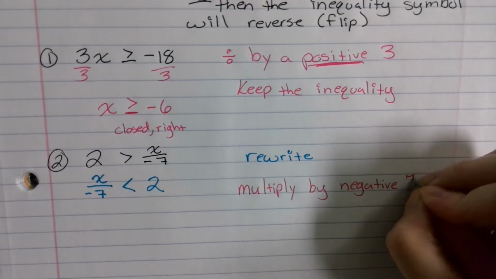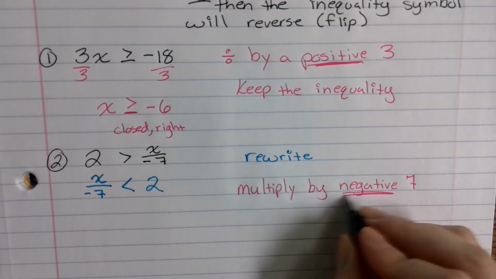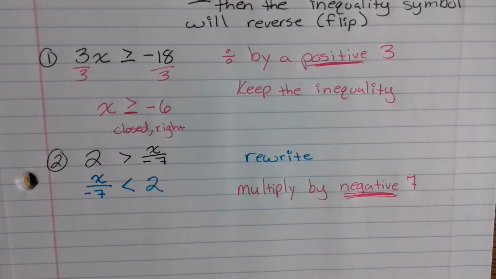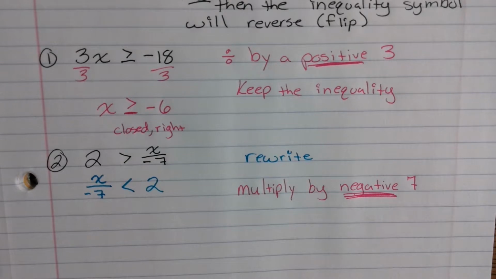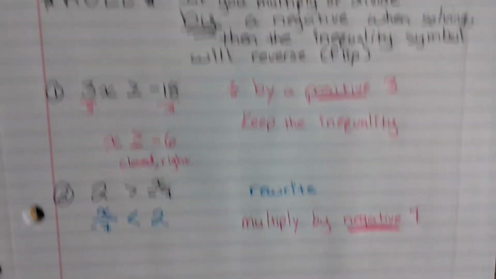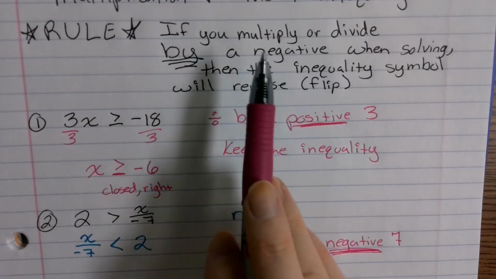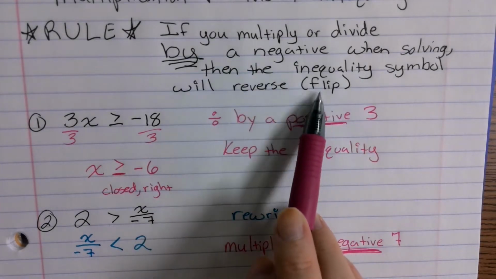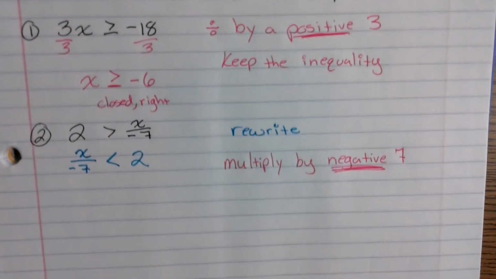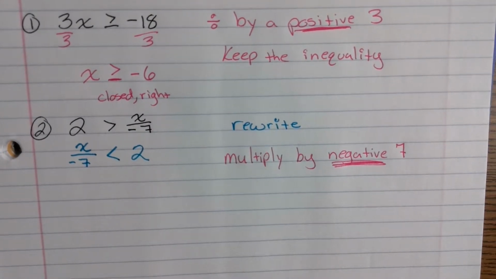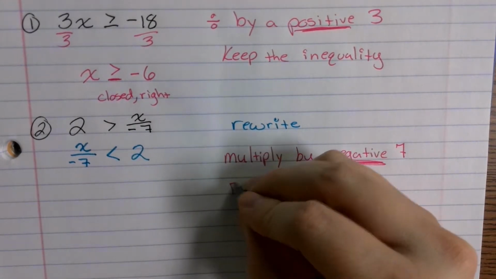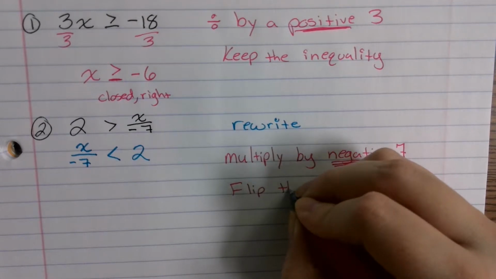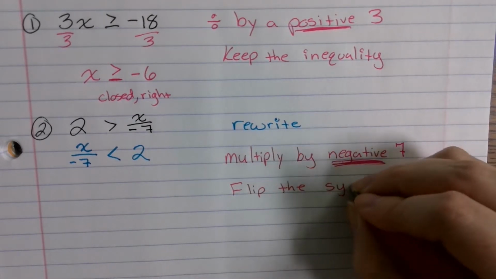Now, because I'm going to multiply by a negative, am I going to keep or flip the inequality? What happens when we multiply by negatives? Look up at the rule. If we multiply by a negative, then you're going to flip the inequality. Just the inequality symbol, not the whole statement. So we're going to flip the symbol.